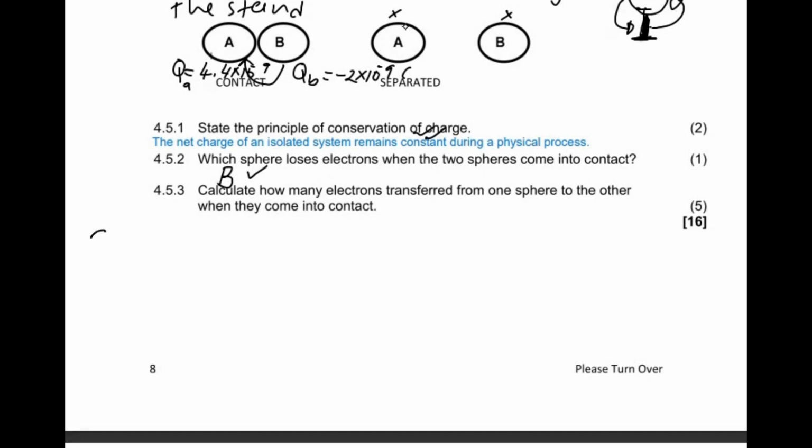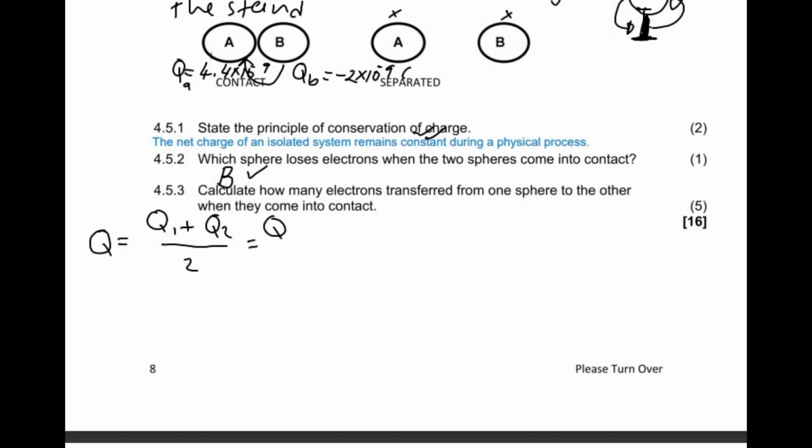So we do that by using our principle of charge conservation equation, which is Q equals (Q1 plus Q2) over 2. It means that the charge after touching on each sphere will be equal to Q. So we take the total charge by adding the charge on one sphere before touching plus the charge on the other sphere before touching, and we divide it by 2. And this will tell us how much charge is on each sphere after touching.